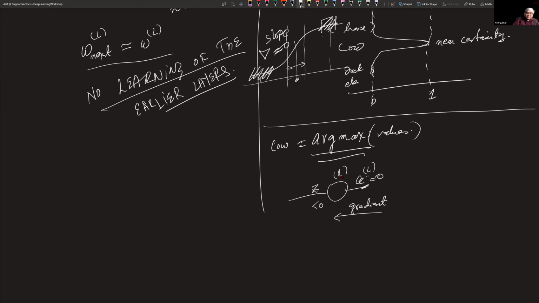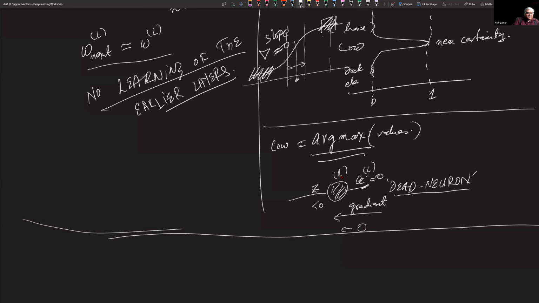And so if 0 is propagating back, basically this neuron becomes a dead neuron. We won't go into all the details. Those of you who missed the activation function session, please find time to go do this. So that's the problem of dead neurons in ReLU.